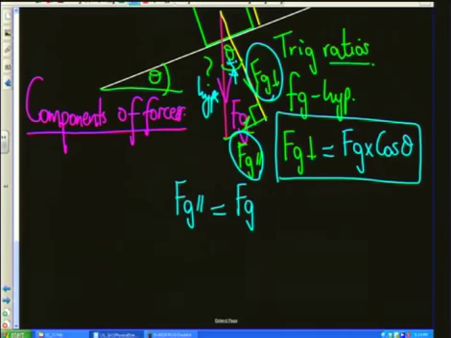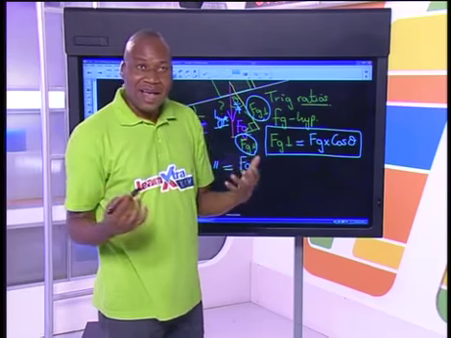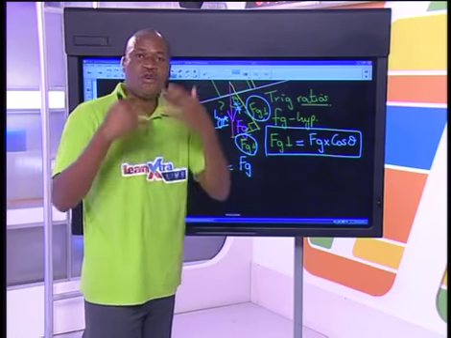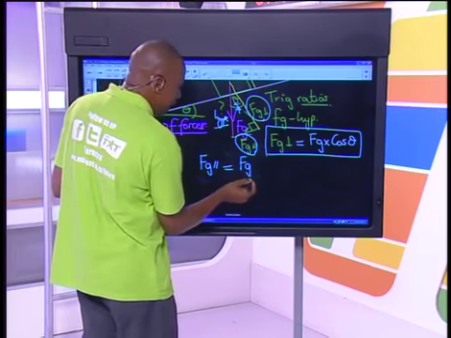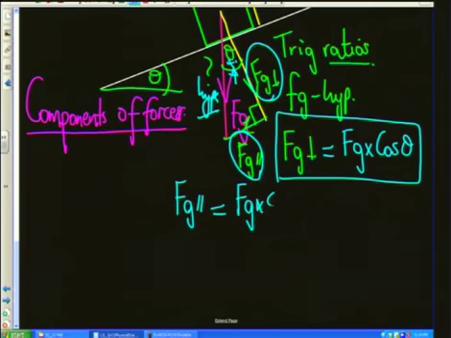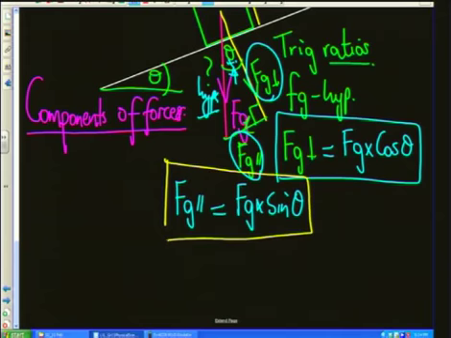Now, opposite the angle with the hypotenuse, what do I get? I get the sine. Sine is equal to opposite over hypotenuse. So that would mean that my hypotenuse times the sine of the angle should give me my Fg parallel in that way there.